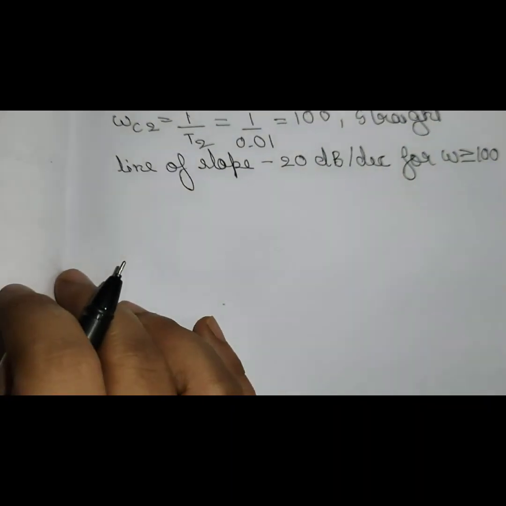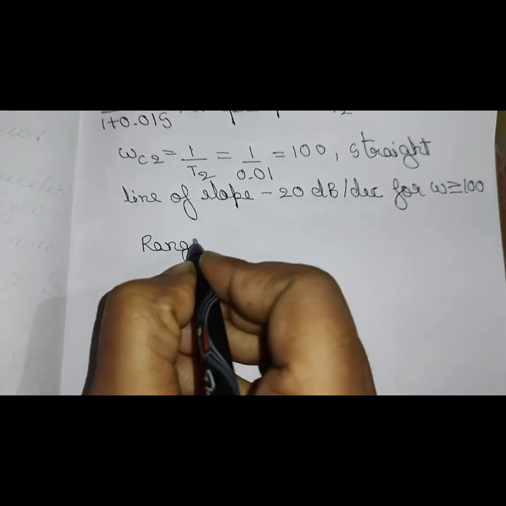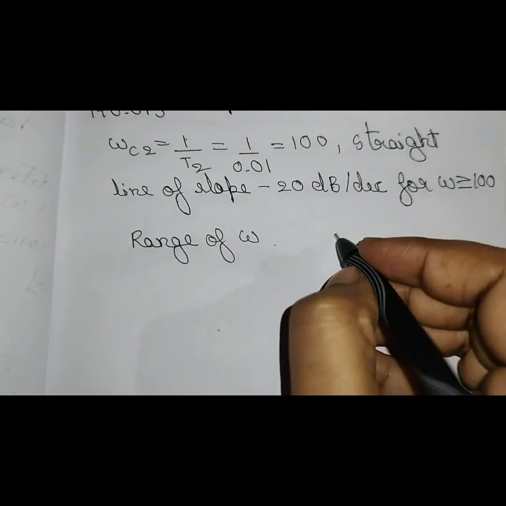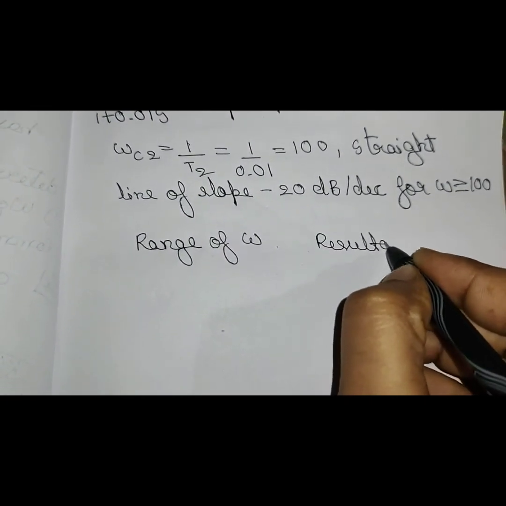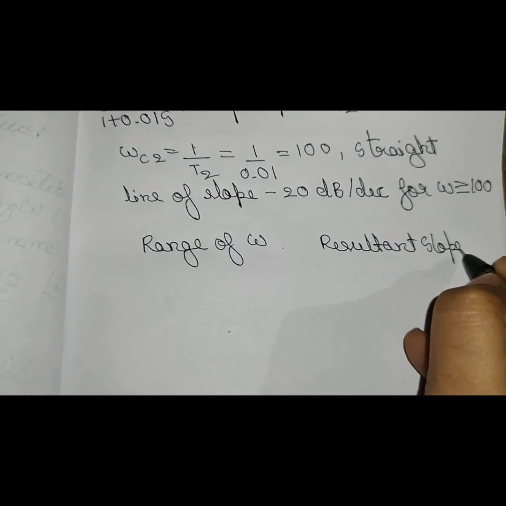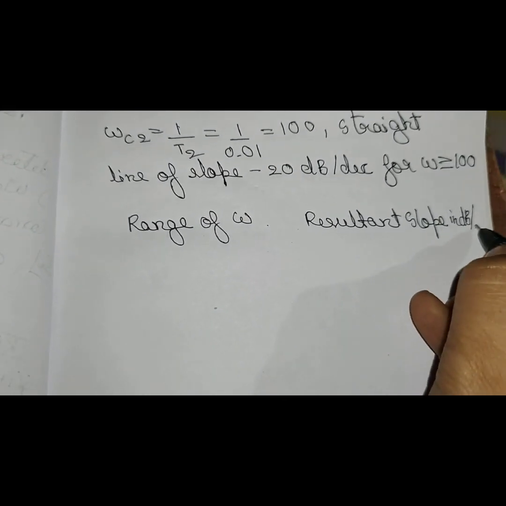So you need to write down the range of omega and resultant slope in decibels per decade.